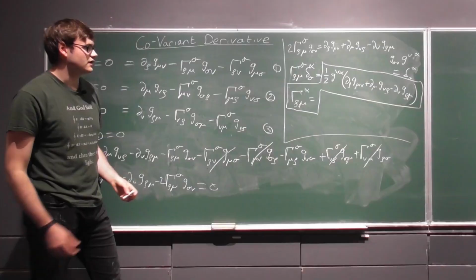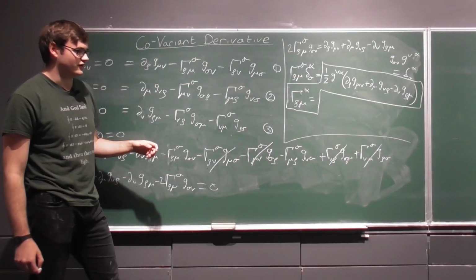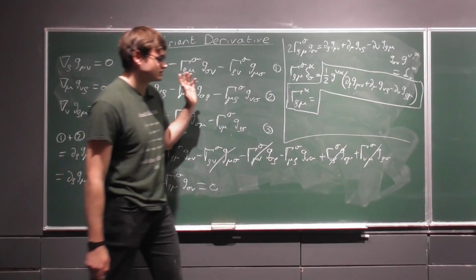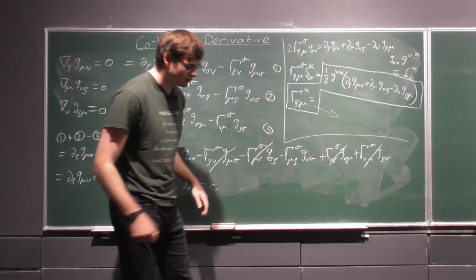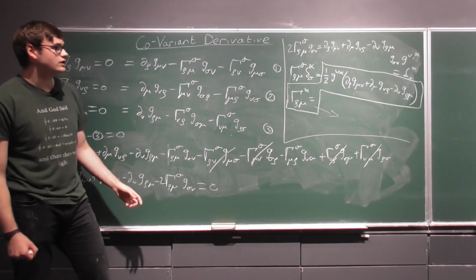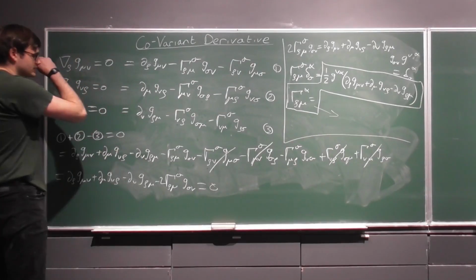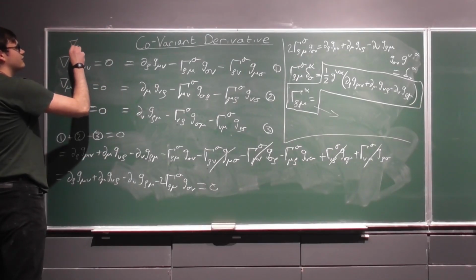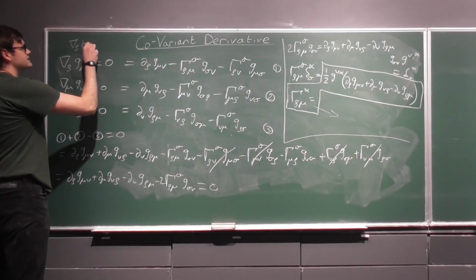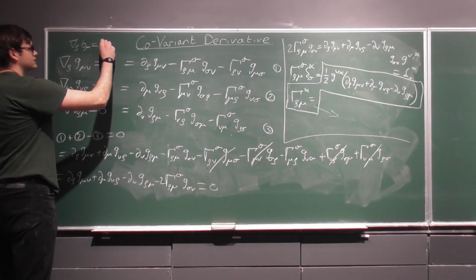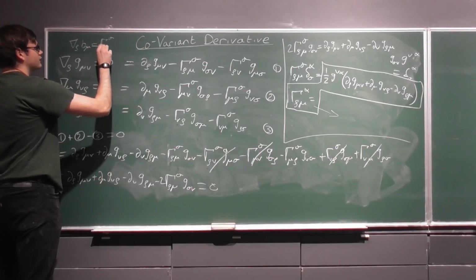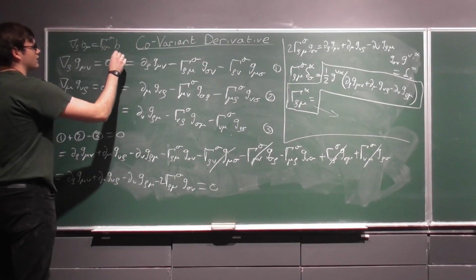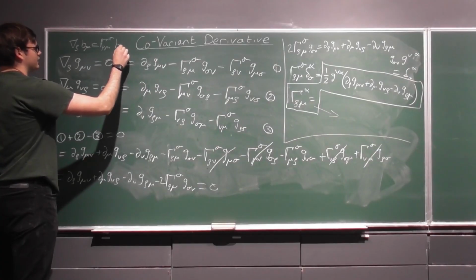So far I've been calling them Christoffel symbols. These are known as Christoffel symbols, or the Christoffel connection. They're known as the connection because we saw earlier that the covariant derivative of our basis vectors gives us the Christoffel symbols multiplying the basis.